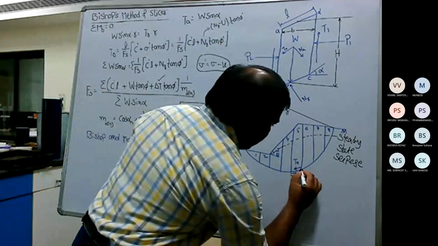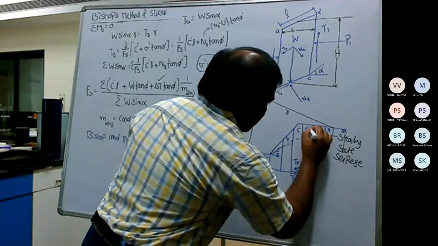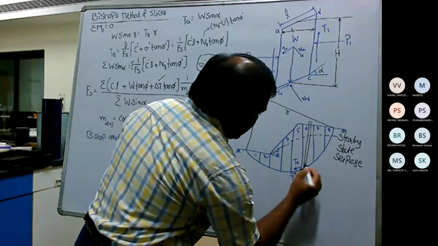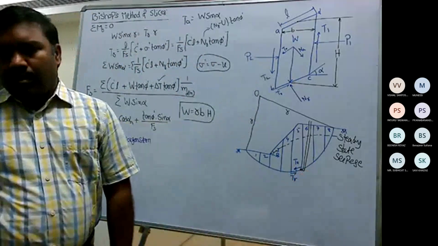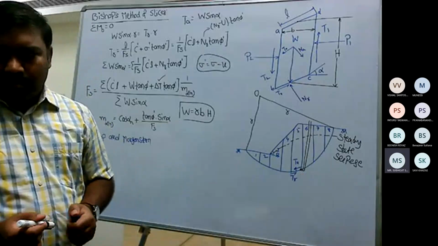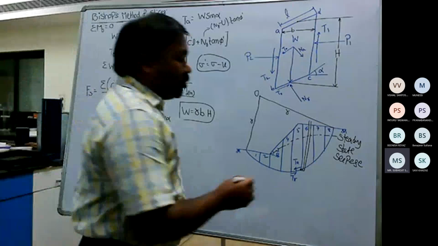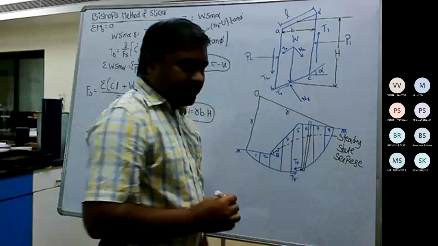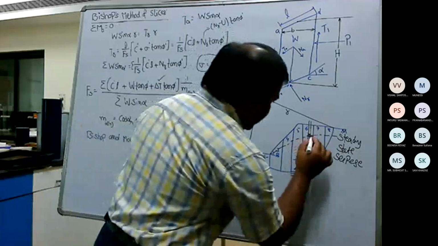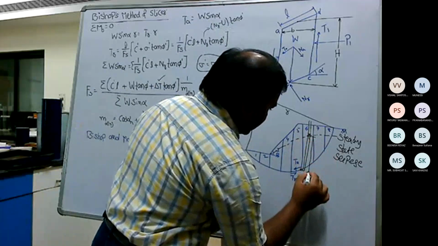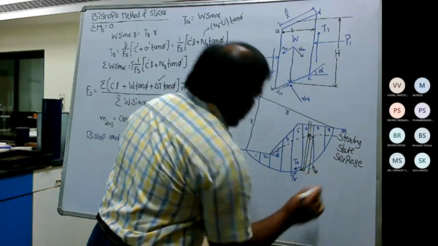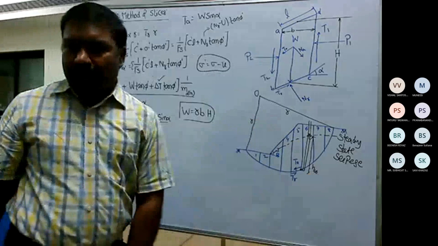In this manometer, up to what height does the water level rise? Up to the atmospheric pressure line, up to the phreatic surface. So up to the phreatic surface, the water level rises. So I can call this HW, the height of water in the manometer.